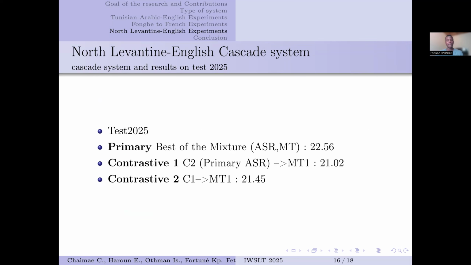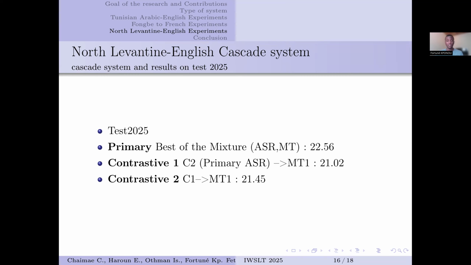Now, we combine our systems, making several combinations. For the primary system, we consider the best output of each combination, and we evaluate its quality by using the BLASER models. This mixture of systems gave us the BLEU score of 22.56.